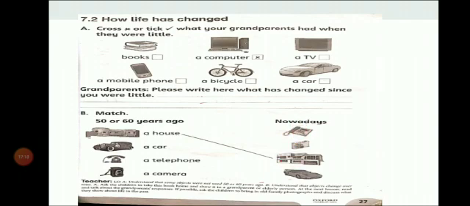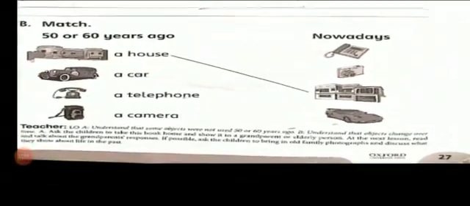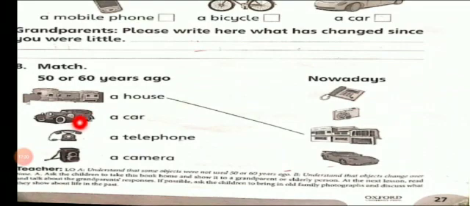Similarly, you have to match the other things shown here with the images shown here. The next picture is of a car. This is a house, a car, a telephone, and this is a camera.